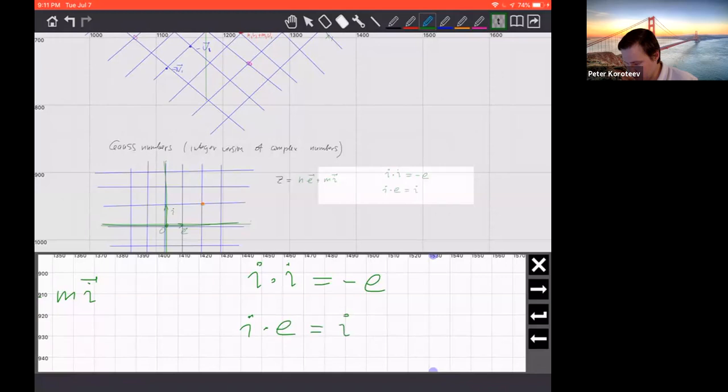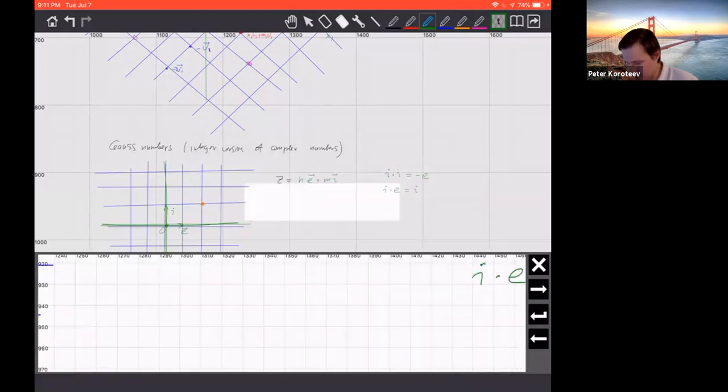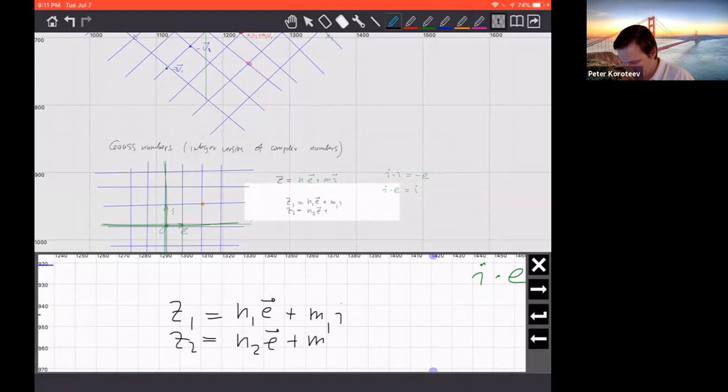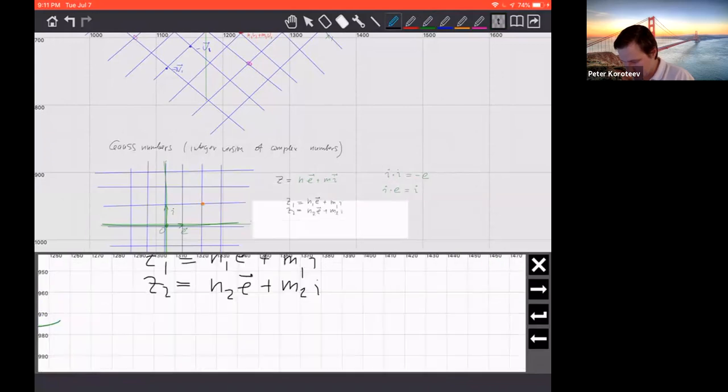So if you want to multiply two numbers, say Z1 and Z2, where Z1 is N1E plus M1I, and Z2 is N2E plus M2I, then the product Z1 times Z2 will be like this.